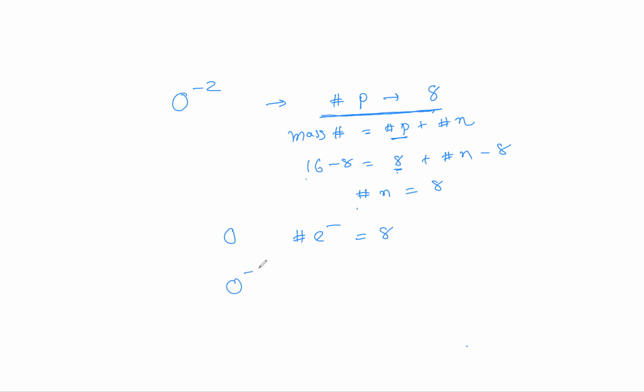But if we are talking about -2, which is an ion, in this case, what do we know? What was the atomic number? Atomic number was 8. And in here, what actually happened? It gained 2 more electrons. If it gains 2 more, it means we're going to add +2. So now it has how many electrons? 10 electrons.